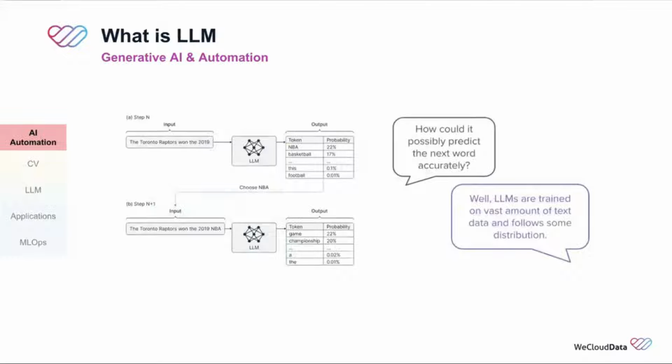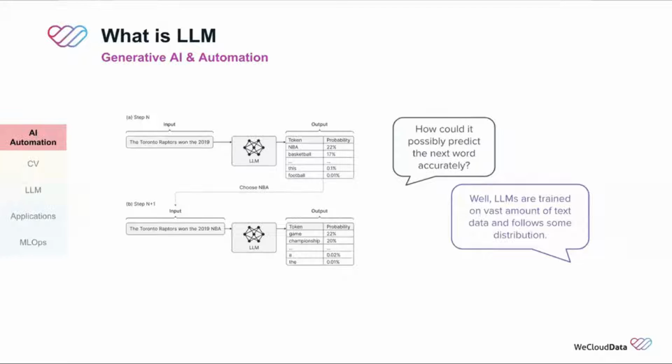Here's one example: "The Toronto Raptors won the 2019". Let's say that's the input. We feed that into a pre-trained large language model, and this model is going to be able to predict the next word, but it has many options. Imagine the token here is just a word, to simplify that. It can be NBA, basketball, football.